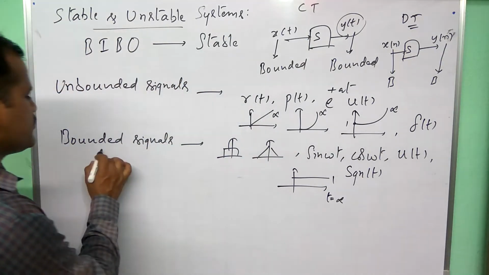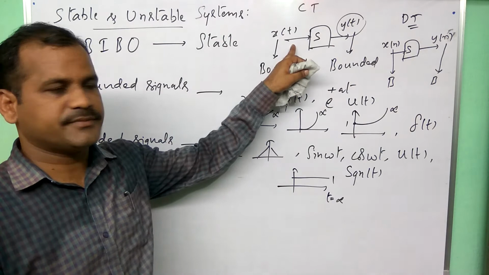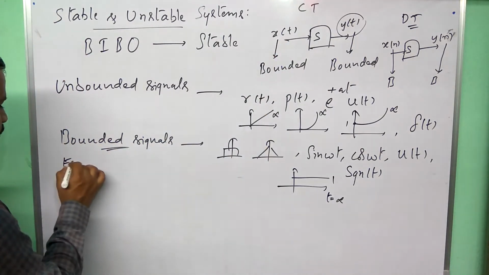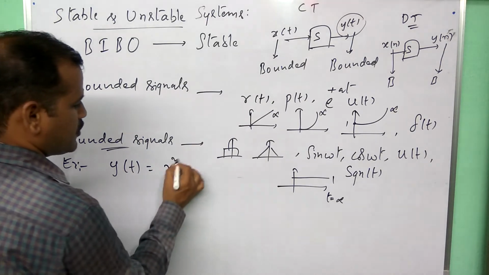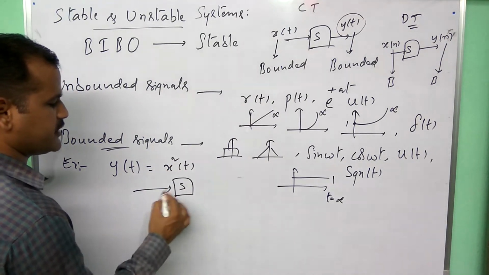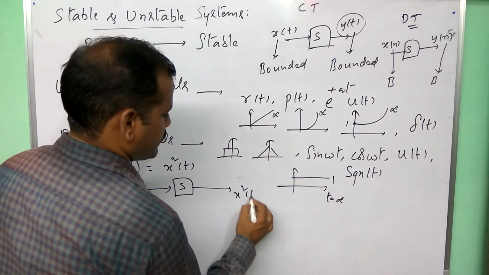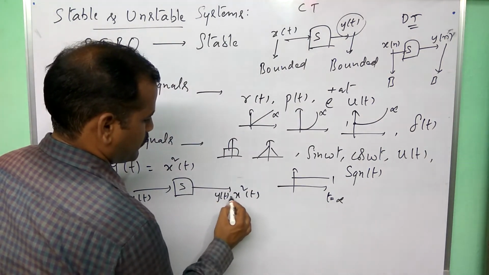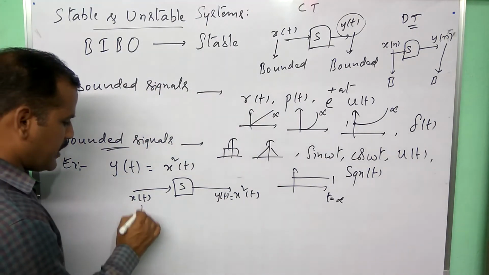So anyhow, these bounded signals should be applied for verification of the stability of the system. For example, I am taking a system described by the equation y of t is equal to x square of t. This is the system I have considered. So x of t produces x square of t at the output. I can take x of t as any bounded value.